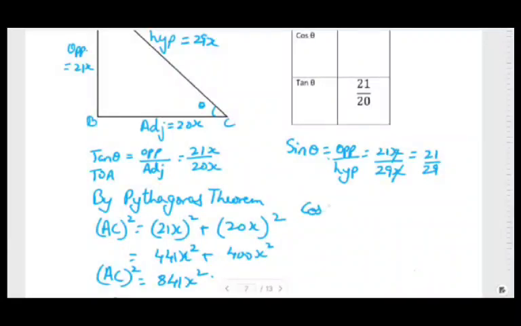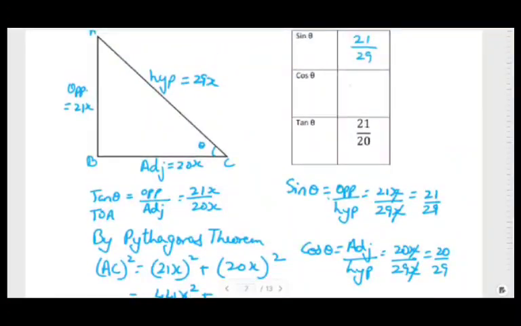My cos value, adjacent upon hypotenuse. My adjacent is 20x upon my hypotenuse is 29x. 20 upon 29.